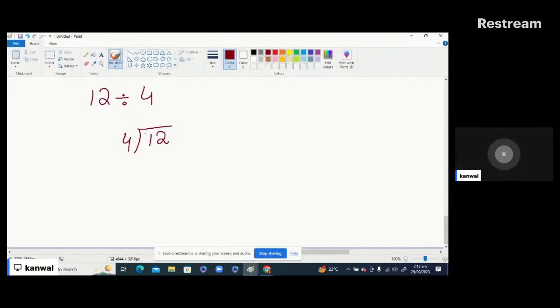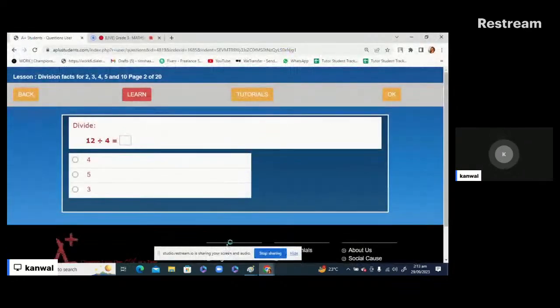So 4 times which number is 12? 4 times 3 is 12. Then you subtract, then you got the answer 0. So here the answer is 3. Let's check, is there any option for 3? Yes, the last one. Yeah, good. It's 3.